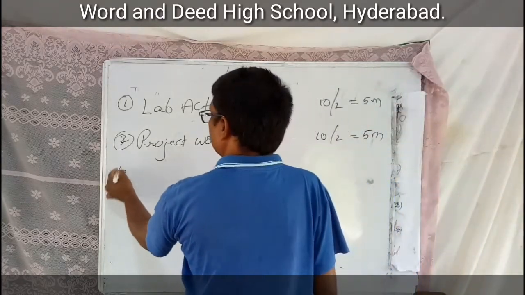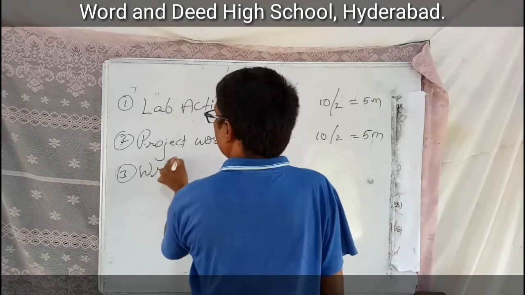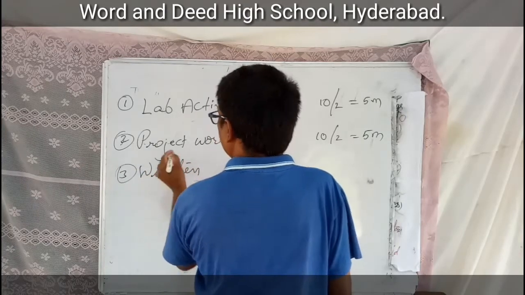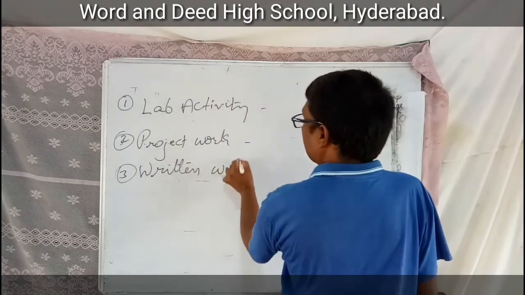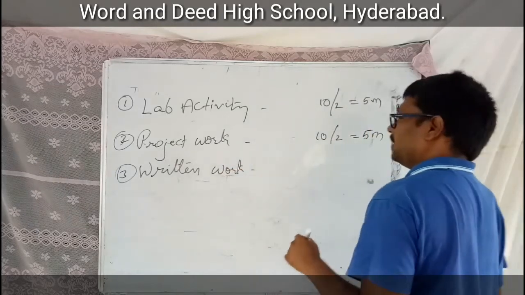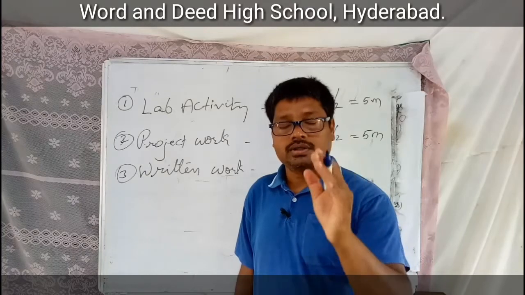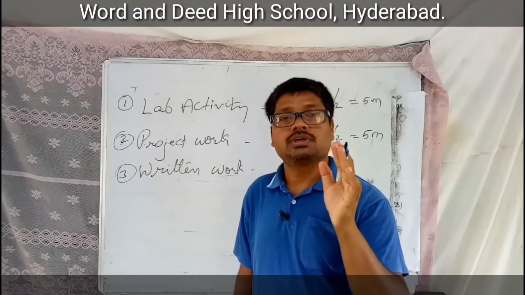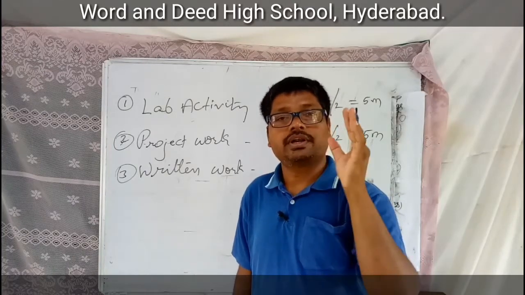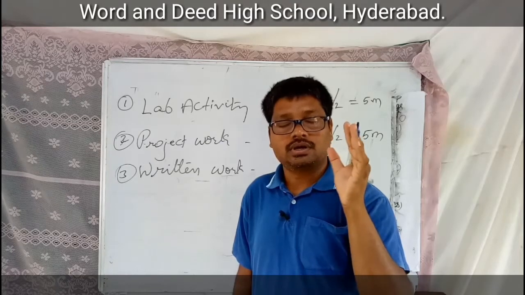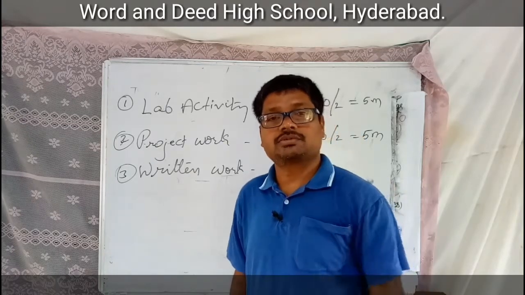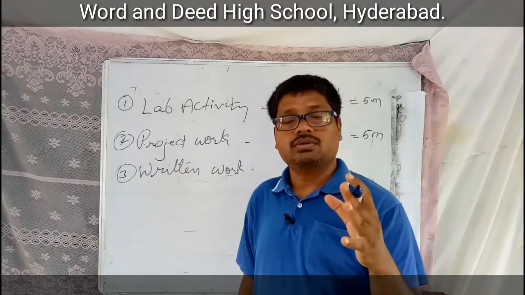Next, third question, written work. Here you may have confusion. How do I see your written work? There is no confusion. You just write your index page, the content of the science textbook lessons.